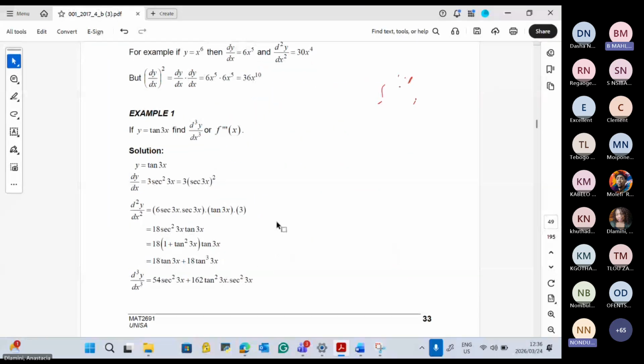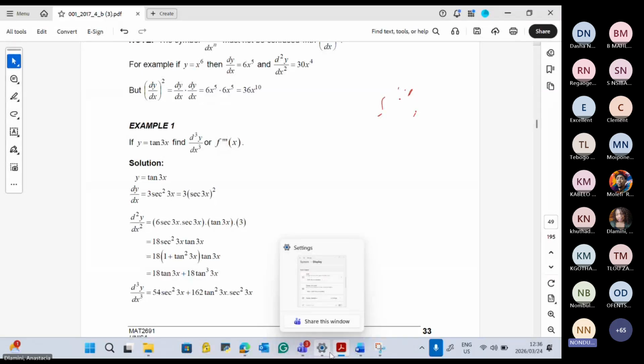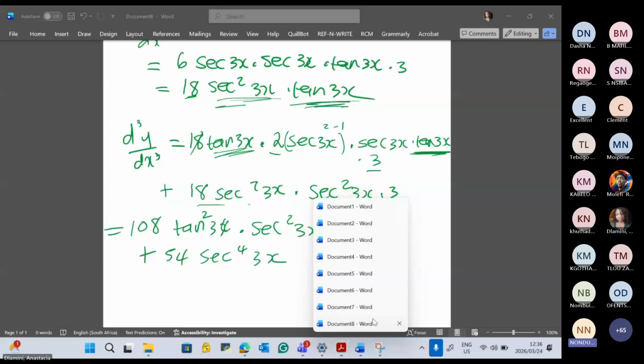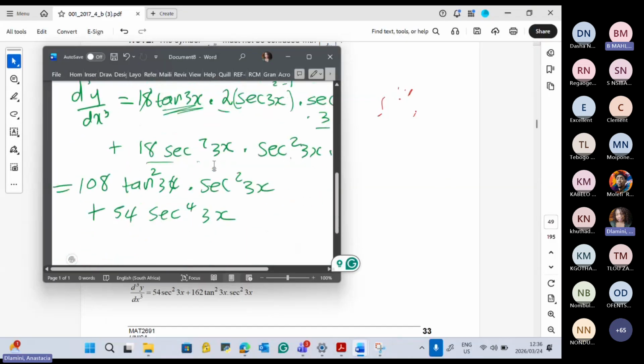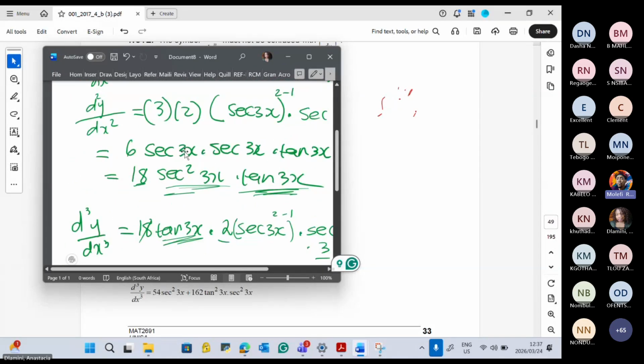It's 162. Something is wrong somewhere. So where's the mistake that we made? Because the 162 is this one, isn't it? Where's the mistake here? Ma'am, I think the mistake started when you included 18 times 3x. That's when the mistake started. I don't understand what happened there.